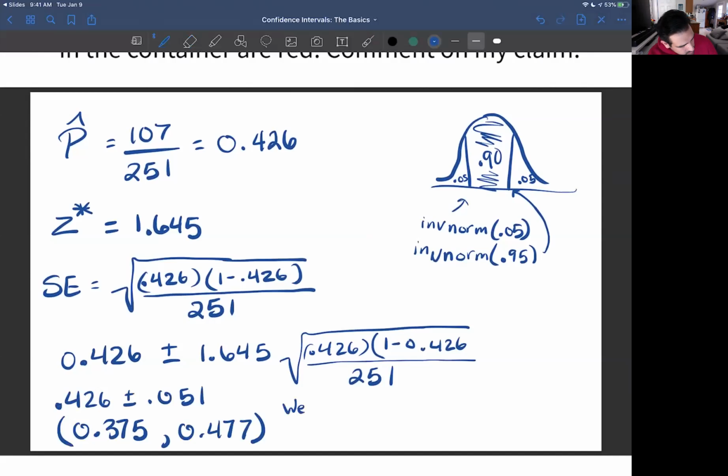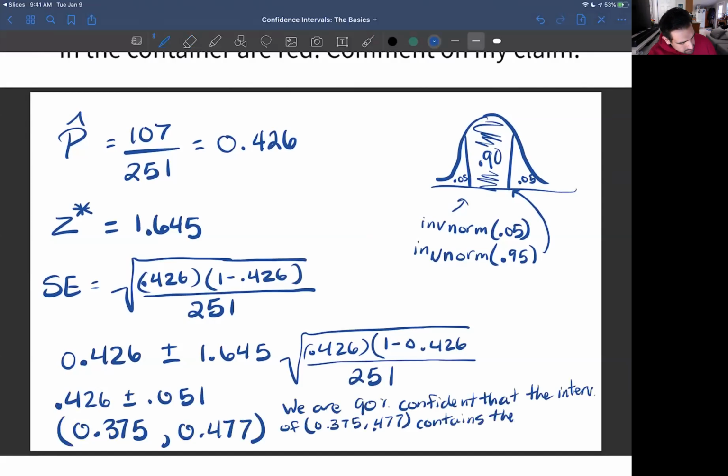I can say we are 90% confident that the interval of 37.5% to 47.7% contains the true proportion of red beads.